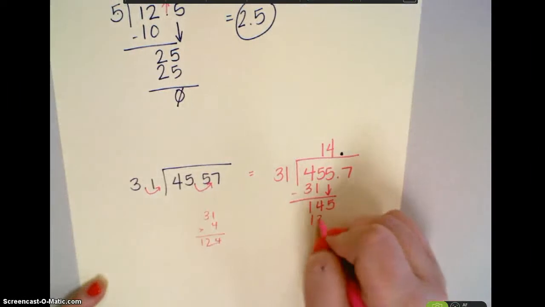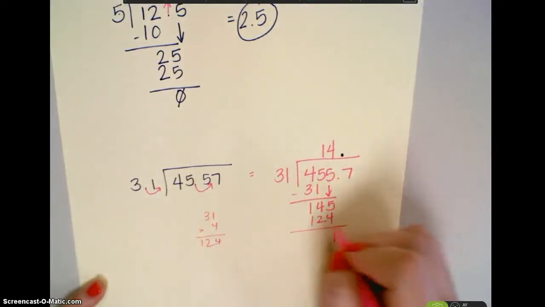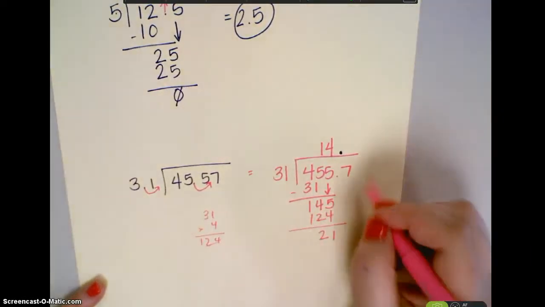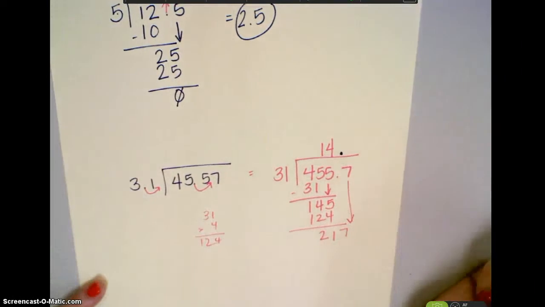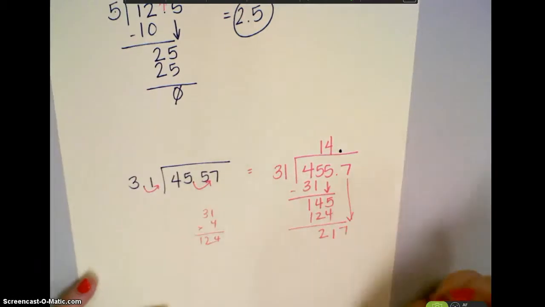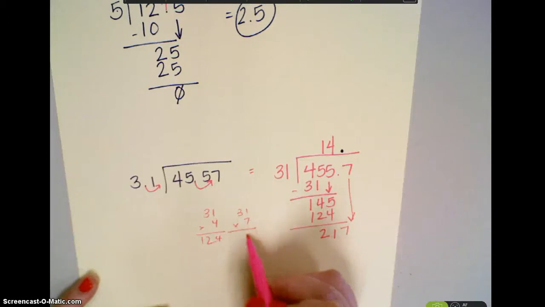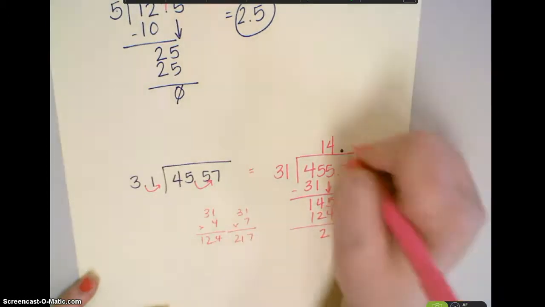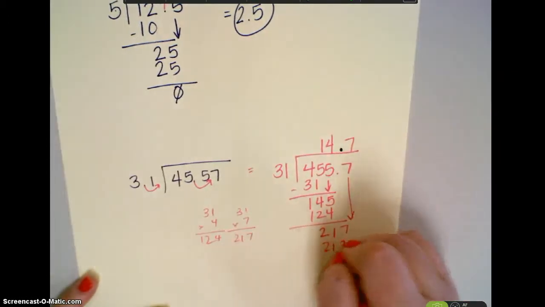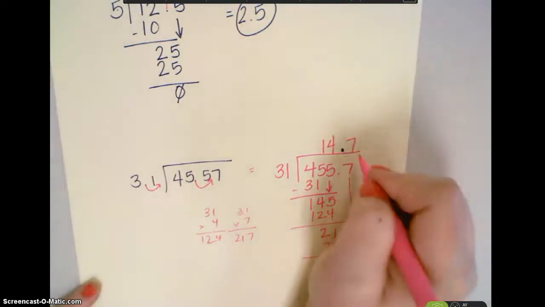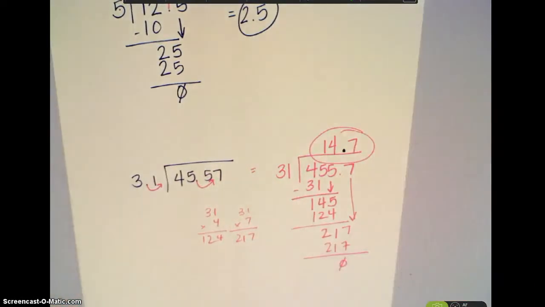Yep. 124. Remainder of 21. Bring down my 7, so 217. I think that's around 6 or 7. Let's try 7. 31 times 7, 217. Perfect. Remainder of 0. So my answer would be 14.7.